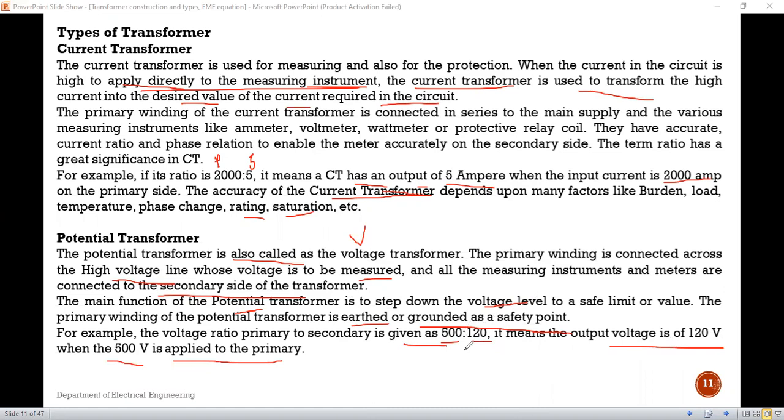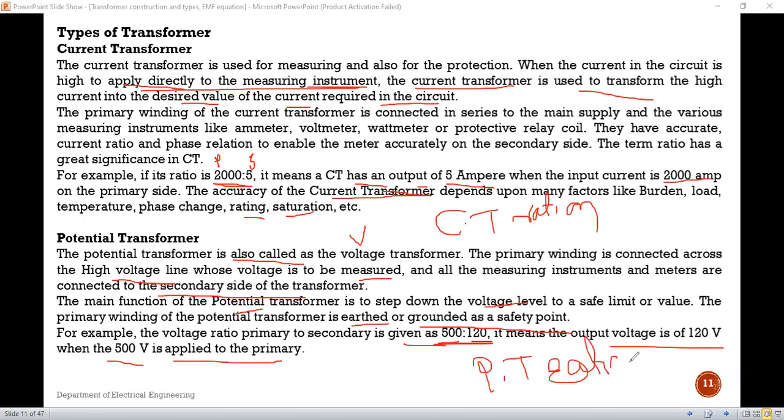This is understood by seeing this ratio. Here it is also 2000 by 5. It is called the CT ratio, current transformer ratio, and this one is called the PT ratio, potential transformer ratio.